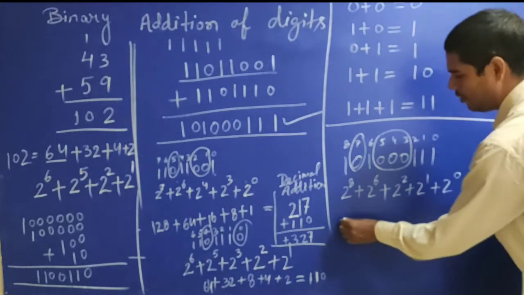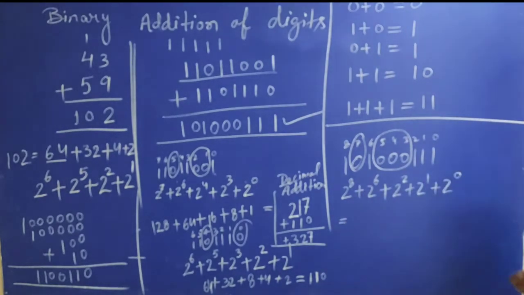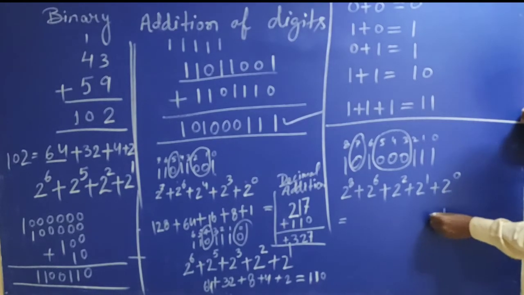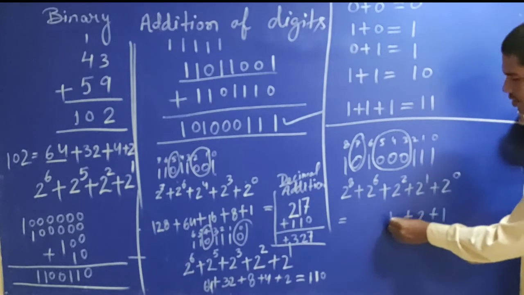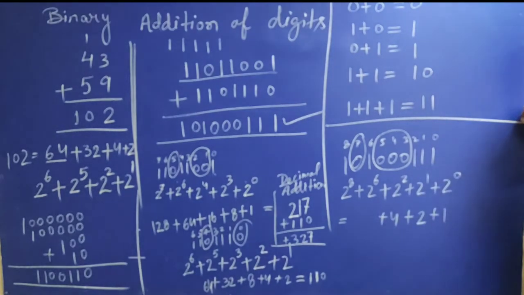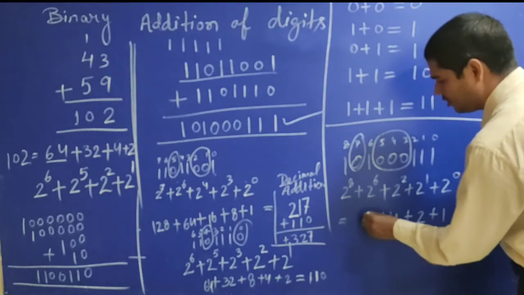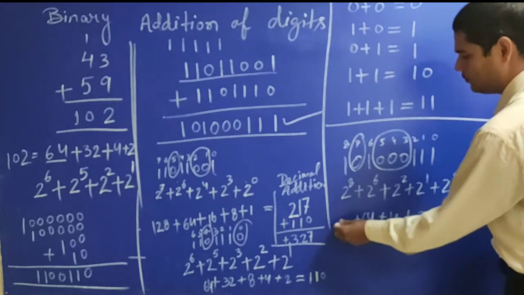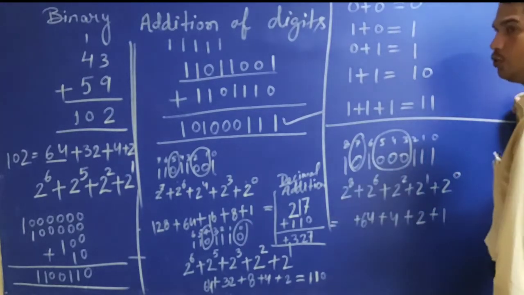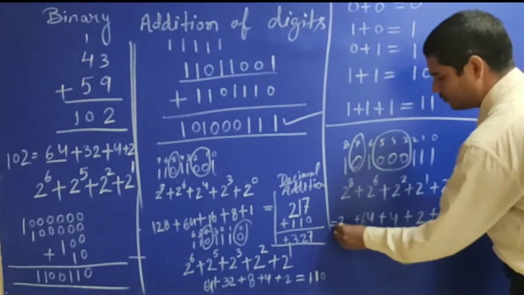Okay, now we will find the value. 2 to the power 0 means 1, 2 to the power 1 means 2, 2 to the power 2 means 4, 2 to the power 6 means 64, and 2 to the power 8 means 256.